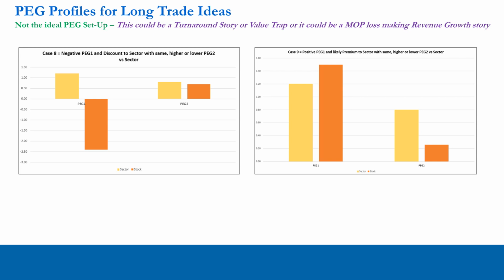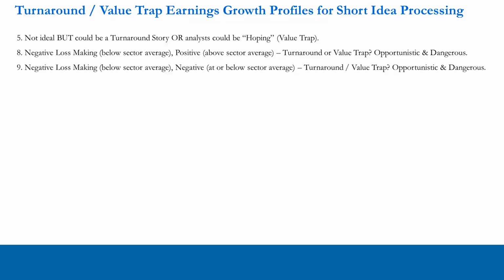Now, let's move on to short idea processing when we're looking at potential turnarounds. And if you recall, there were 3 earnings growth profiles from our set of earnings growth profiles when we were processing for short ideas that were not ideal for the short setup and weren't close to ideal for the short setup.